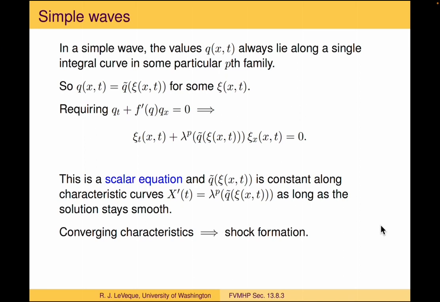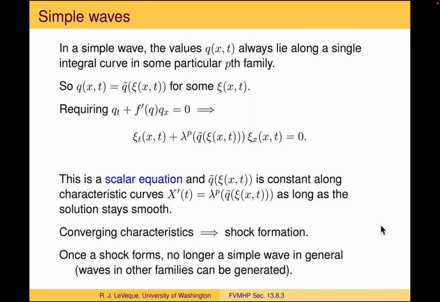And it's exactly the same thing here, except that in the nonlinear case, once the shock actually forms, we don't stay on the same integral curve in general, and waves in other families can be generated as the shock forms. So it gets a little more complicated in that case. But at least as long as things stay smooth, we have a nice simple wave that can be reduced to a scalar equation in a single wave family.